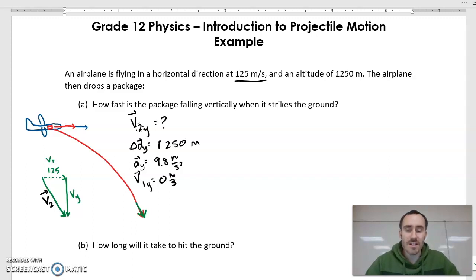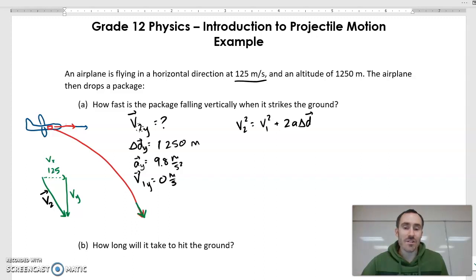So now I think to myself, what formula can I use with these variables to get me v2y? And when I look at my formula sheet, I can see v2 squared equals v1 squared plus 2ad matches what I have and what I'm looking for.